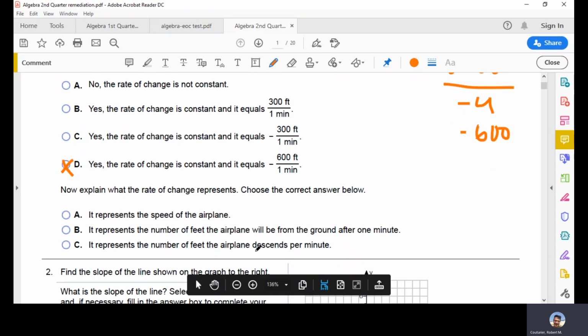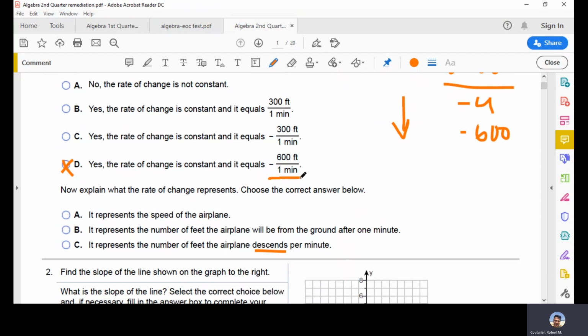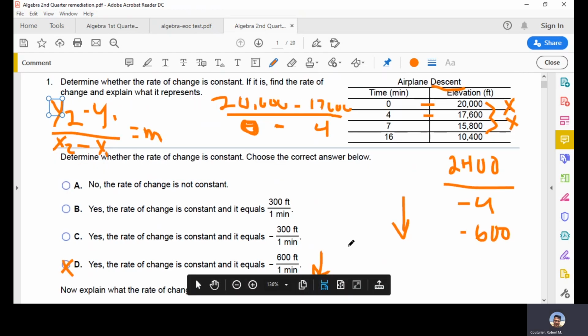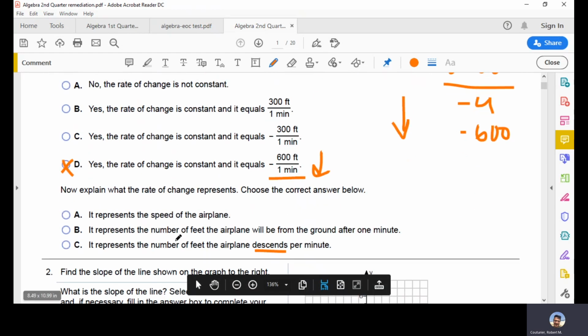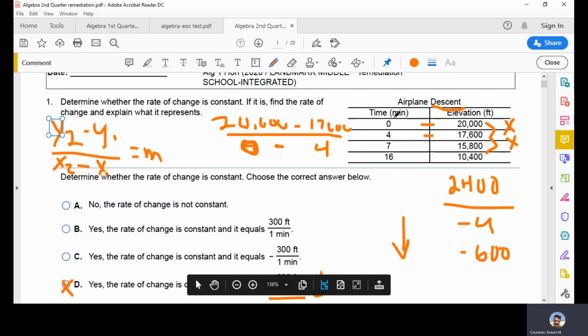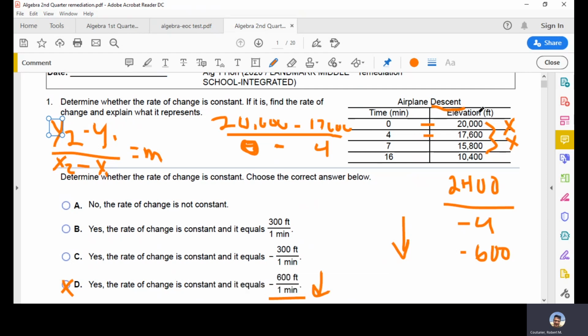Here's the key word: descend. Descend means to go down. A negative slope, like we just said, is going down. The problem is talking about airplane descent. So it is the number of feet that the airplane descends per minute, because we calculated this as a per minute thing. Time is in minutes, and the y-coordinate represents feet.